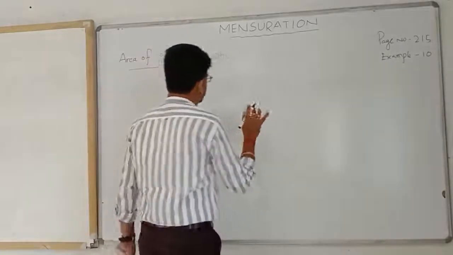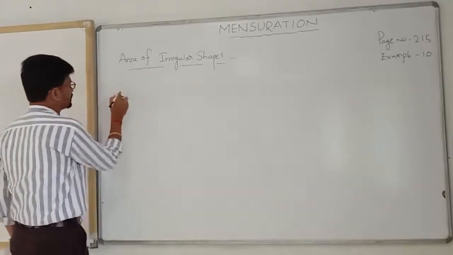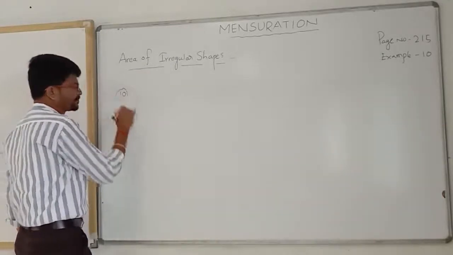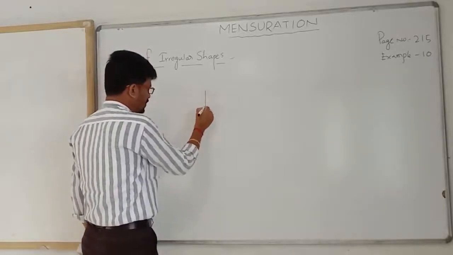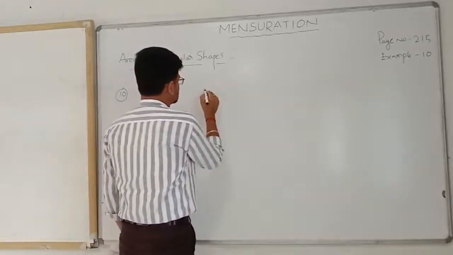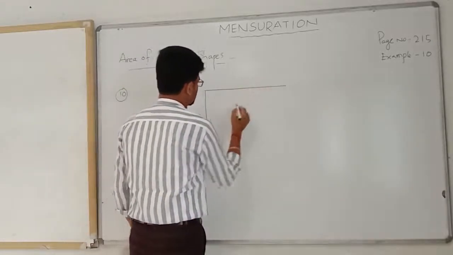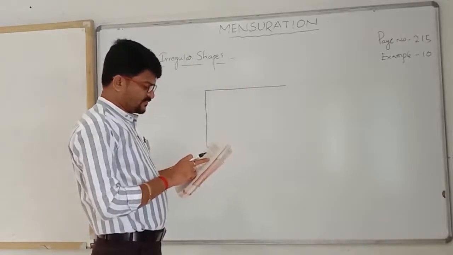Directly I'll go to the problem only. Just draw some boxes. All the boxes must be of a similar size. How many boxes are given here? 1, 2, 3, 4, 5, 6, 7, 8.